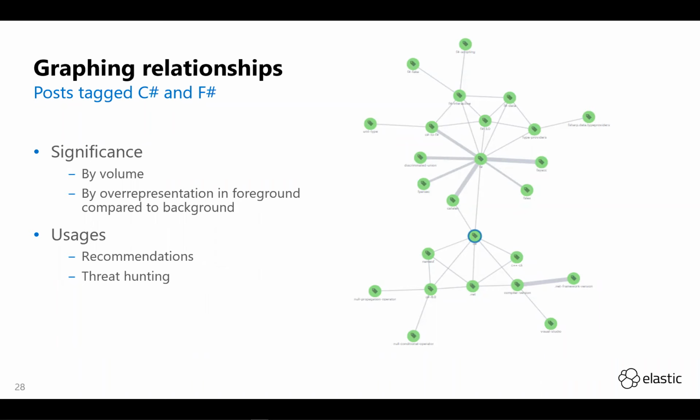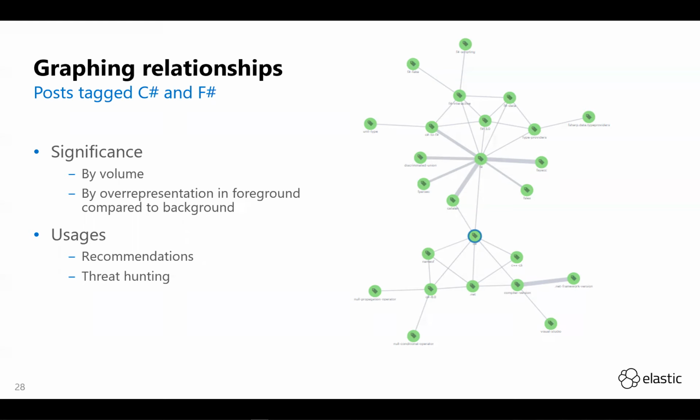And we can use those things to power recommendations. So for example, based on a user putting in a question about C# and tagging it as C#, we could use all of the questions and answers that we already have to recommend to them which other tags they might want to tag their question with. And we can also use graphing here to perform ad hoc threat hunting.